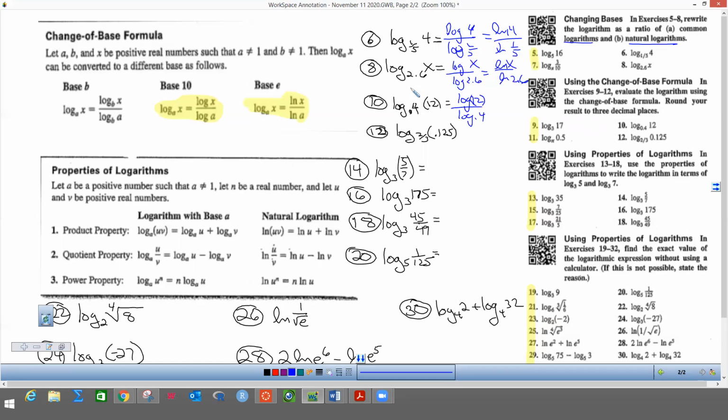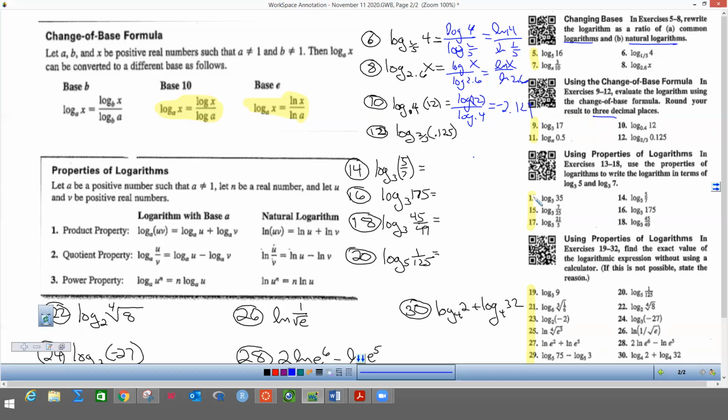Hit log of 7 divided by log of 0.4, and hit enter, and you get negative 2.124, rounded to 3 decimal places. Same story for the others. Now you could hit the log base and type this all in at one time. Oops, I did the wrong place. That's not that answer. That's this answer up here, negative 2.124. And you do this the same way.